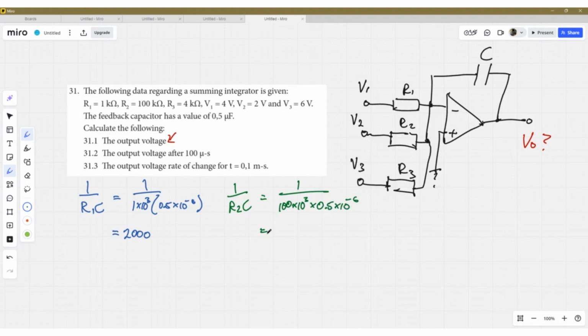That's 1 divided by 50 multiplied by 1,000, which is 20.